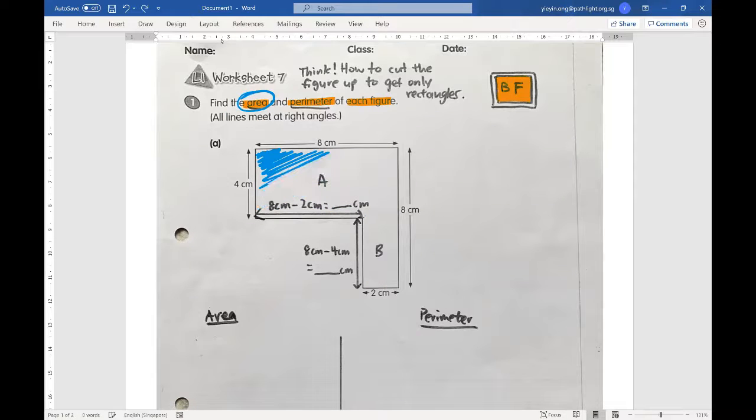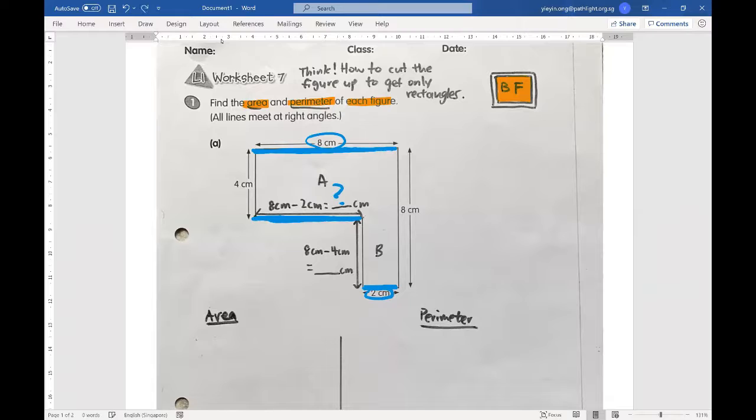Now let us find the unknown sides of this composite figure first. You can see that the 8 centimeter on the top is made up of this 2 cm at the bottom and another part over here, the unknown that we need to find.